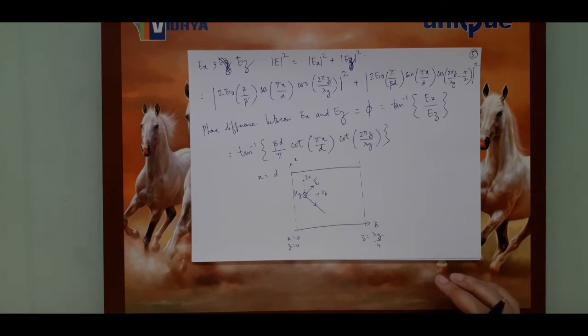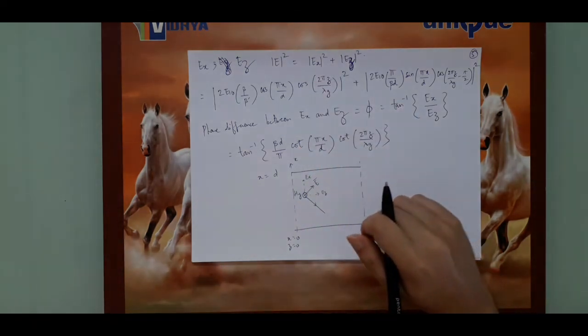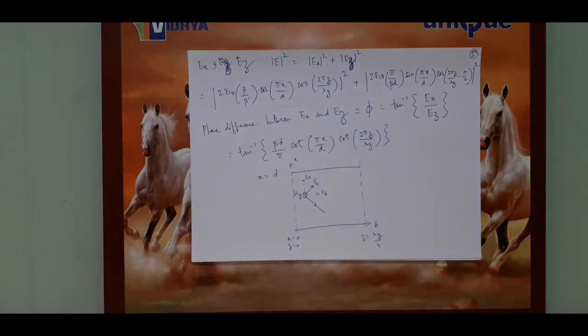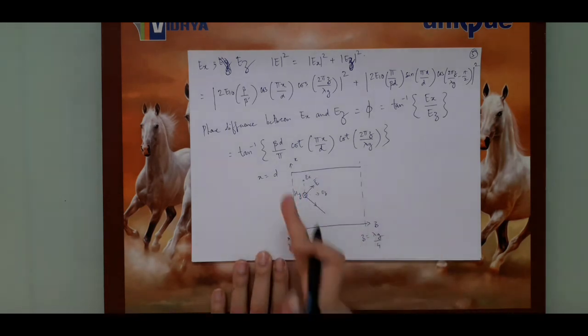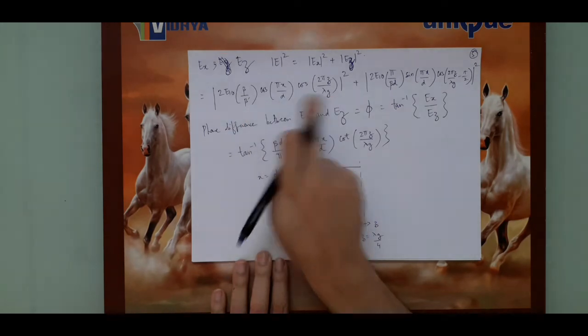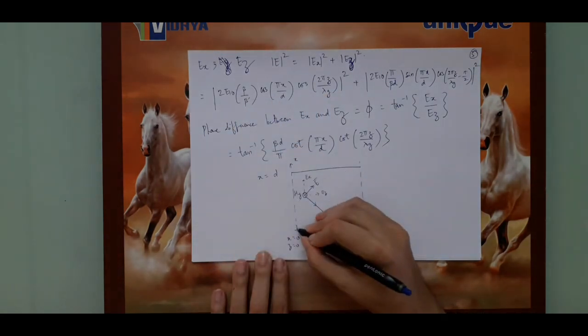So then which way will the field now be aligned? Obviously, since only Ex will remain, it will be aligned somewhere like this.